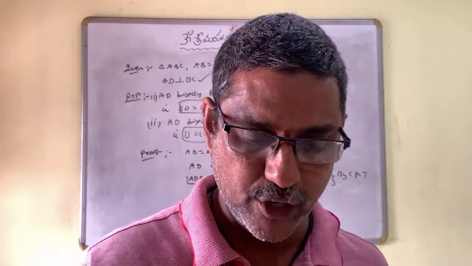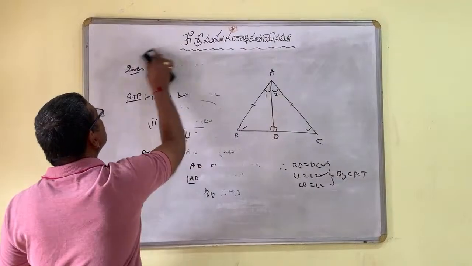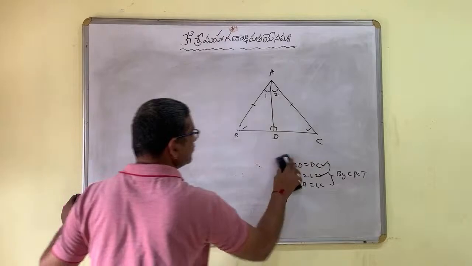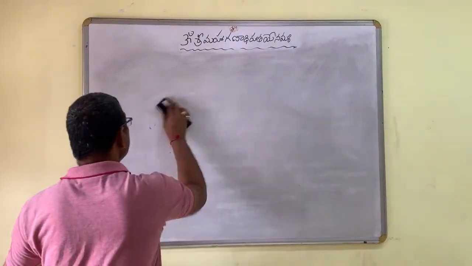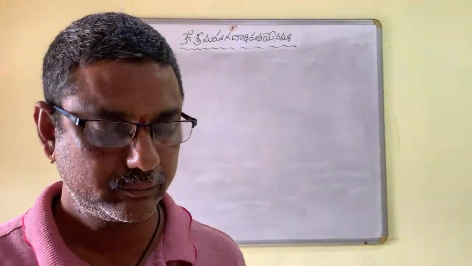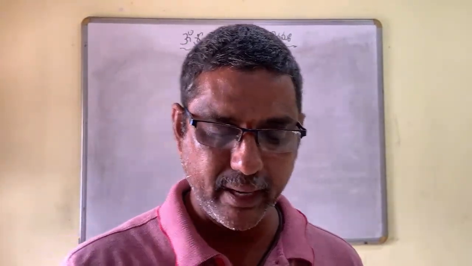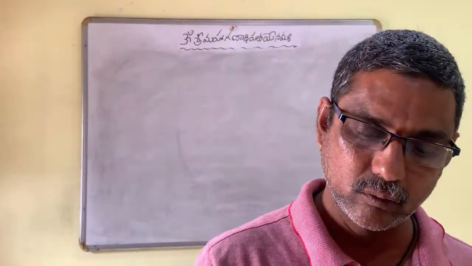Next, third question. See the third question. Two sides AB, BC and median AM of one triangle ABC are respectively equal to sides PQ, QR and median PN of triangle PQR.